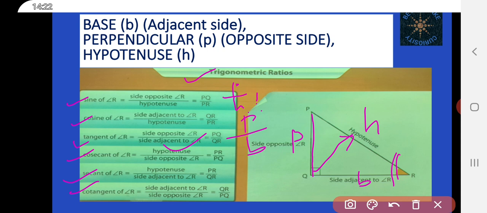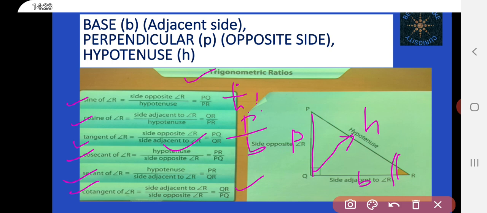Then last one, that is cotangent of angle R is equal to side adjacent to angle R by side opposite to angle R, that is QR by PQ. Okay, you should remember these 6 trigonometric ratios.